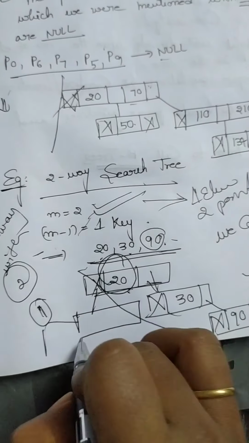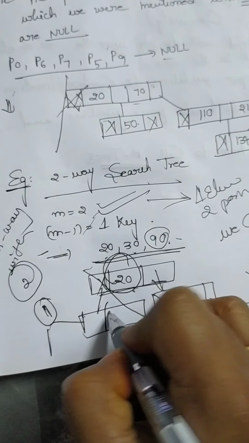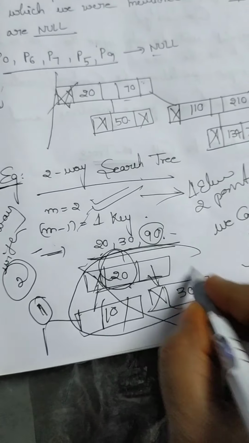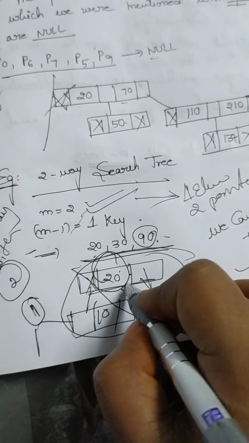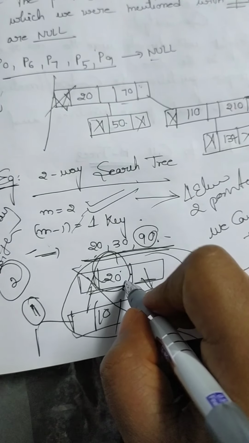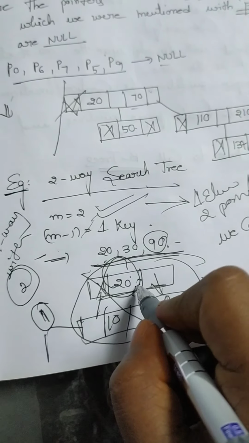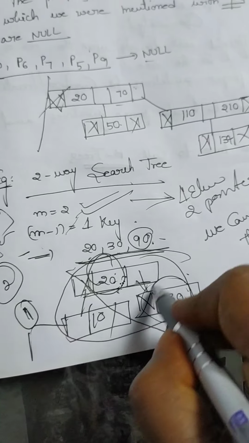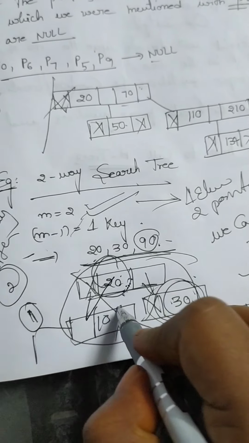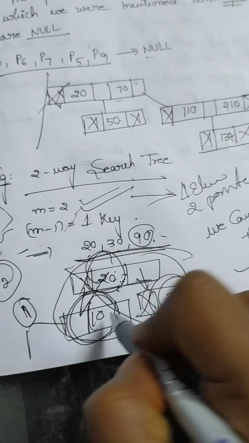If we have any other value like 10, this is like the BST, and it follows the BST property. That means the nodes greater than the root node are placed on the right side, and those less are placed on the left side.